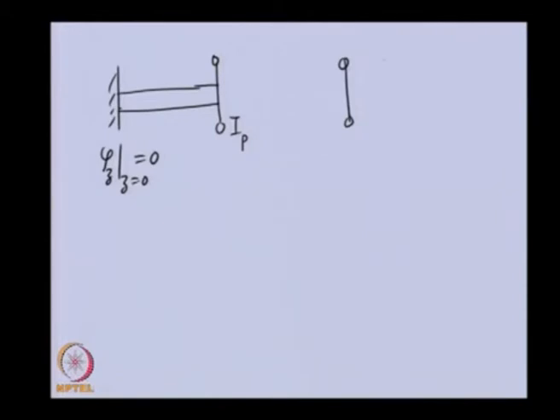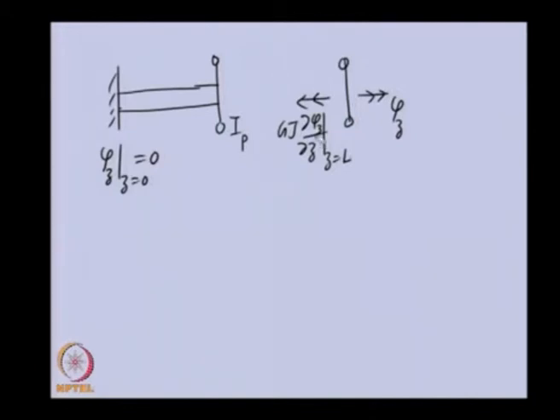If this is the positive direction for the angular displacement, there will be a reactive torque from the shaft acting on the disk, and that will be this, at z equal to L.